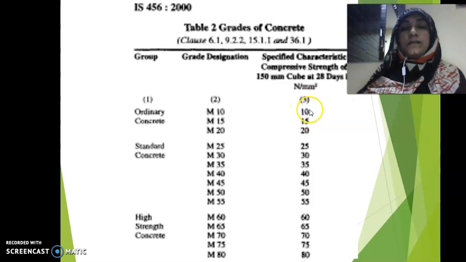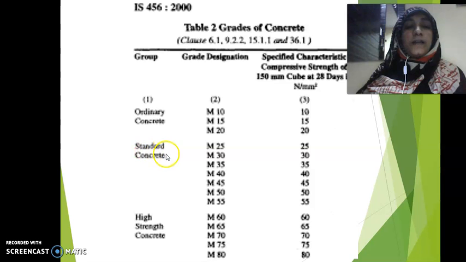This column shows the compressive strength of concrete at 28 days, measured in Newton per mm square. For M10 grade it is 10, and 50 is the strength of grade M50, like that.